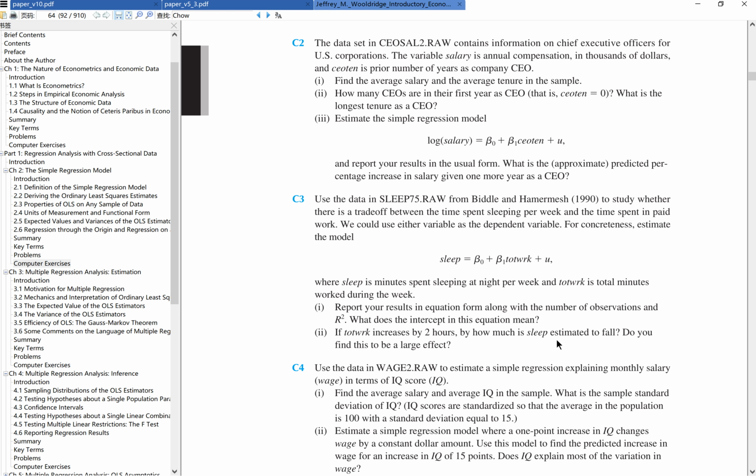So do you think this effect is large or small? Remember that this is the effect on the total minutes of sleeping during the week. So for the entire week, the time that you sleep is reduced by only 18 minutes.